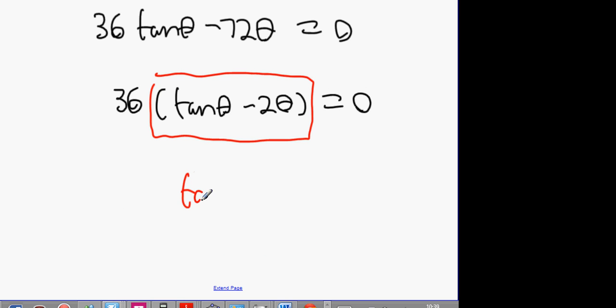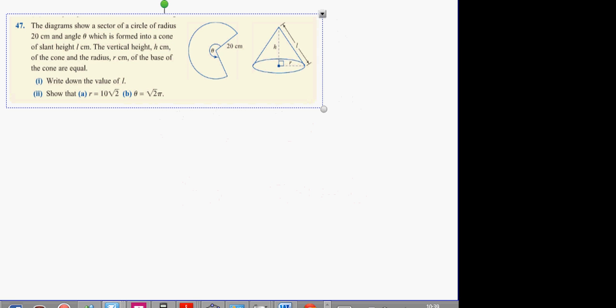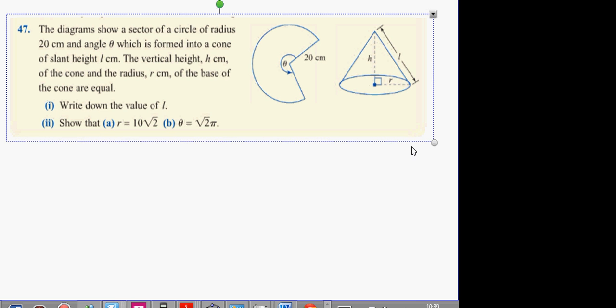Okay, next one, guys. Now, this one here, okay, I actually found this quite difficult myself, so I actually had to get a real object to figure this one out, okay? So a real cone. So the first thing that we're going to do is write down the value of L, okay? Now L is this length here, the slant height.